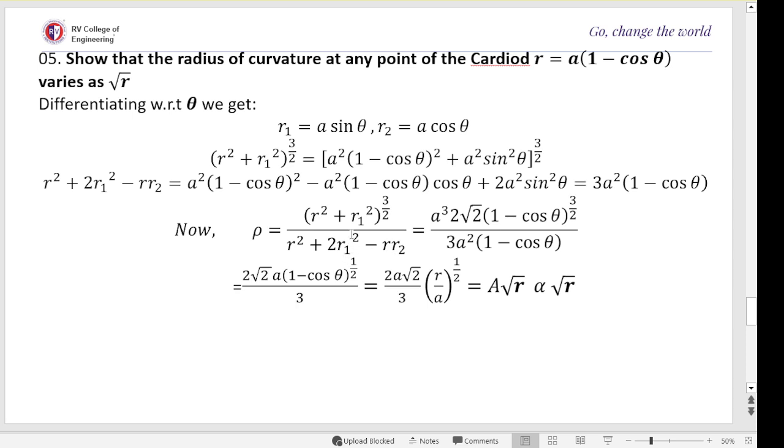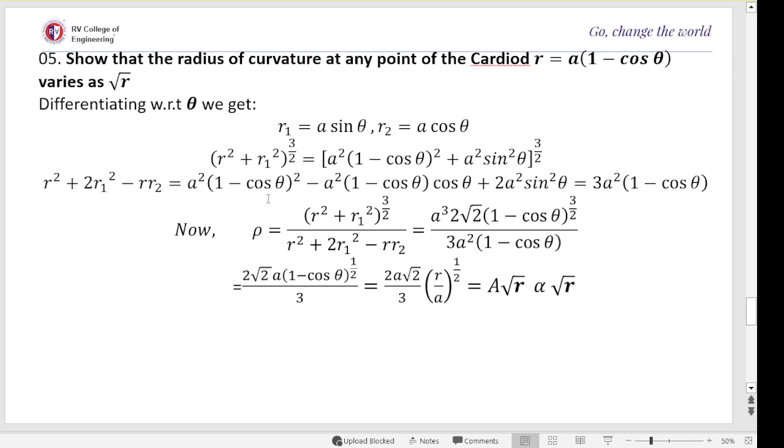Here you need to find r₁ and r₂, the derivatives of r with respect to θ. So r₁: differentiate with respect to θ, a sin θ. r₂: differentiate r₁ with respect to θ again, a cos θ.